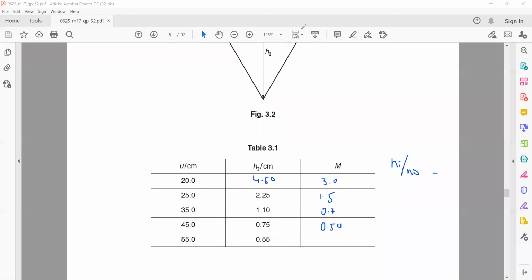And the last one is 0.55 divided by 1.5. That's equal to 0.36. This value was how much? 1.1 divided by 1.5, so 0.73.